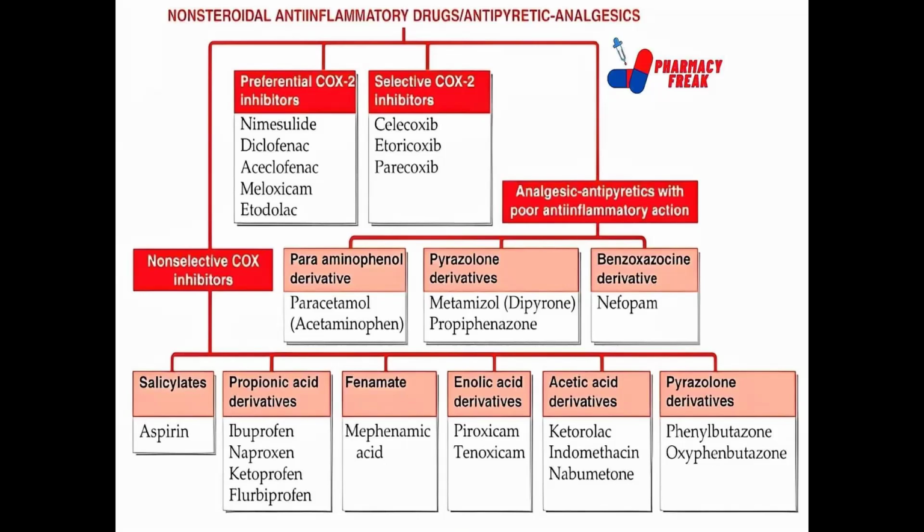It works centrally, usually, and doesn't have anti-inflammatory properties like the rest of the NSAIDs. That's why we always say paracetamol and NSAIDs. But in fact, it's an NSAID. I hope this didn't confuse you, but I just wanted to make it clear.